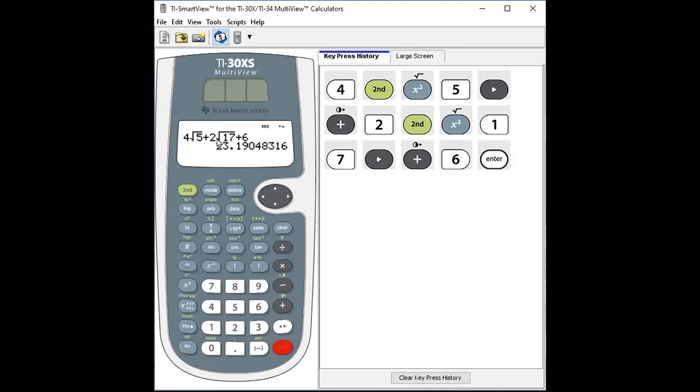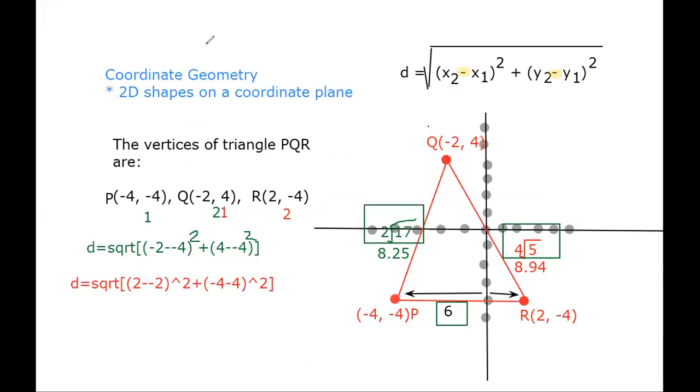But either answer is correct. So your perimeter is exactly 2 root 17 plus 4 root 5 plus 6. And it is about 23.19.